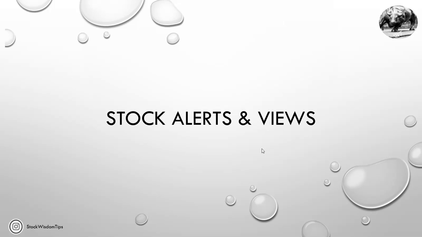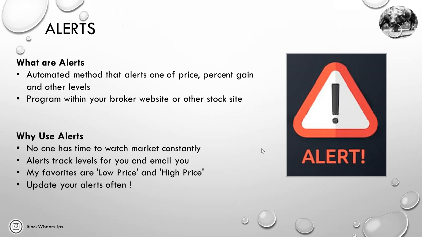And again, the more tools you can leverage, the better you will be at meeting your goals and being successful at investing. So we're going to be following this theme of these tools for the next few videos. And as mentioned, today it will be about stock alerts and custom views. So what is a stock alert?